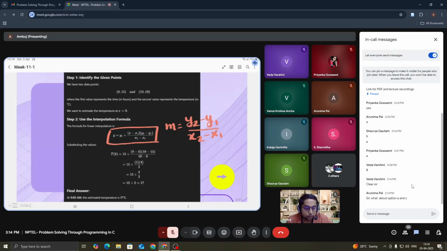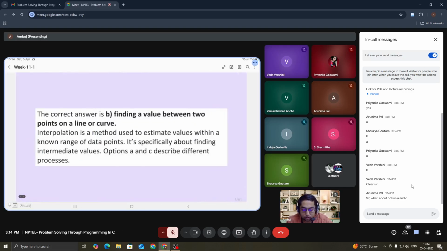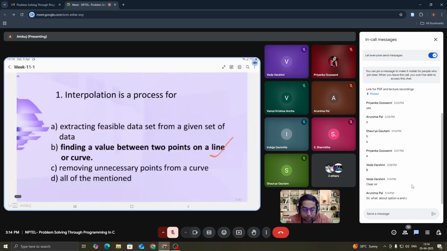Sir, what about option A and C? Okay, good. Extracting a feasible data set from a given set of data is data manipulation, where you remove the outliers. This is another process of generating adequate data for training the model.